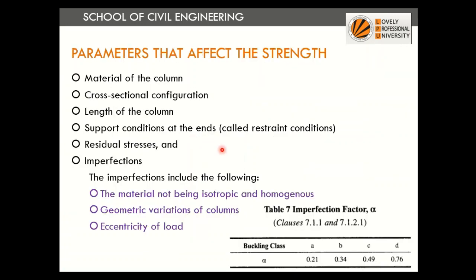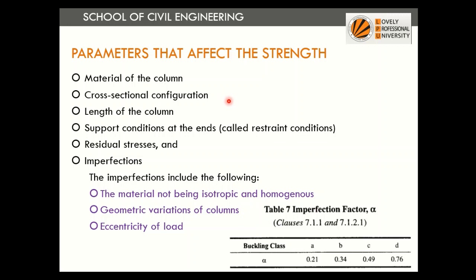Now what are the factors that affect the strength? So it is very obvious that material of the column, obviously if you use a stronger material, the performance will be better. In the present subject, material is constant, that is we are using steel. So we can say that it is actually the modulus of elasticity, E, of the material. Then the second parameter is cross-sectional configuration. It is basically I, moment of inertia.